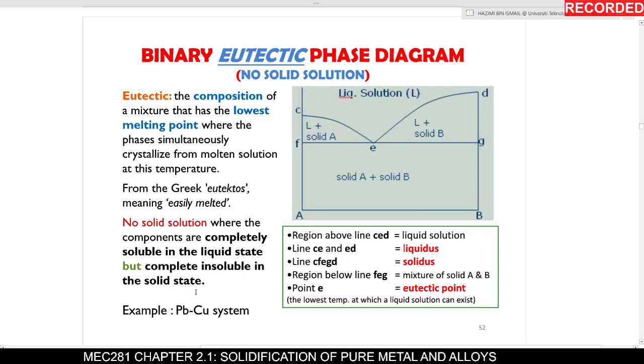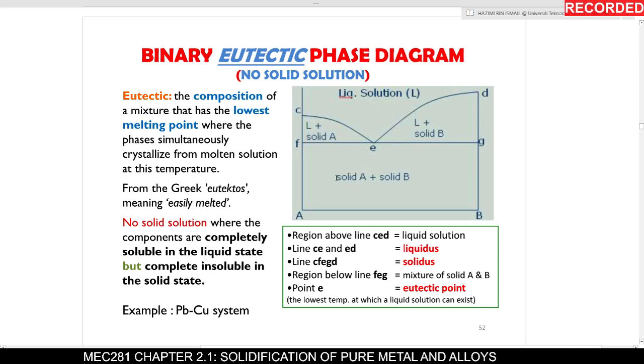The no solid solution is where the components are completely soluble in the liquid state but completely insoluble in the solid state. In the liquid solution they mix completely, so there is no separate A and B here because it mixes perfectly. But when it converts into solid, we have complete insolubility in the solid state.